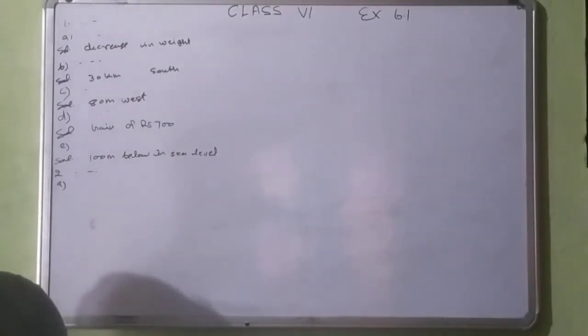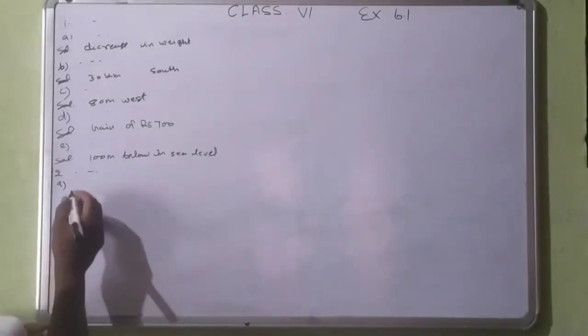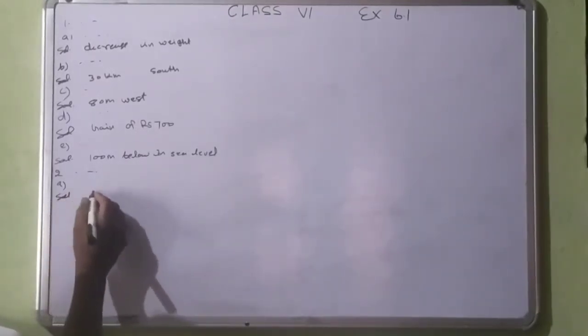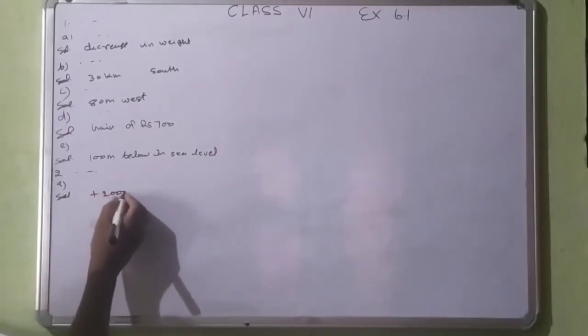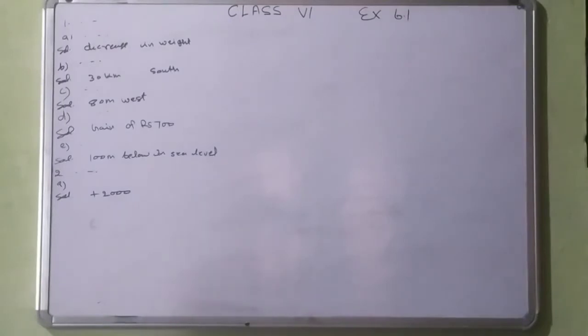An aeroplane is flying at a height of 2000 meter above the ground. By the sign, the solution is plus 2000. Above means plus, below means minus.